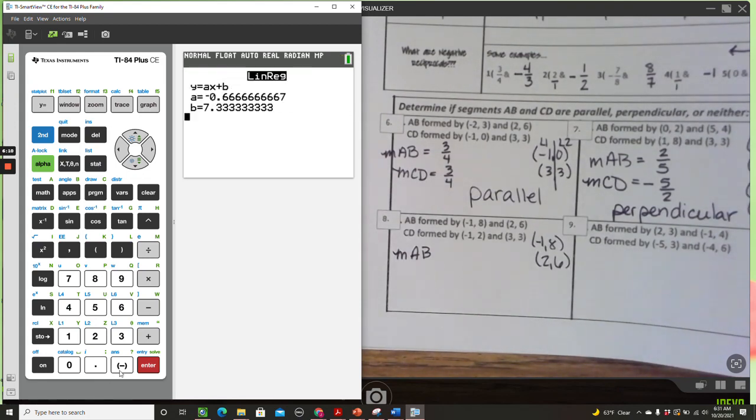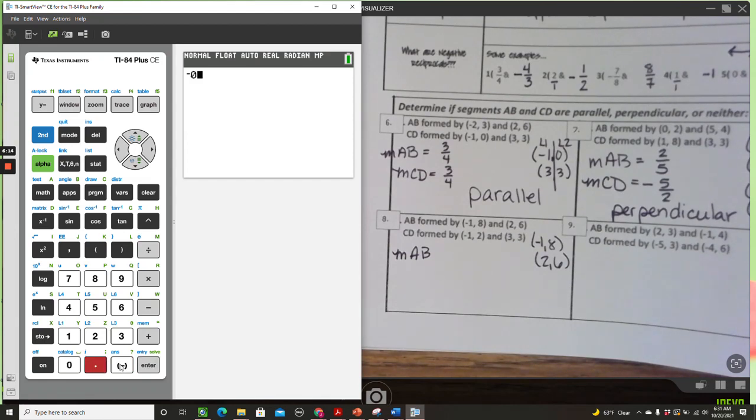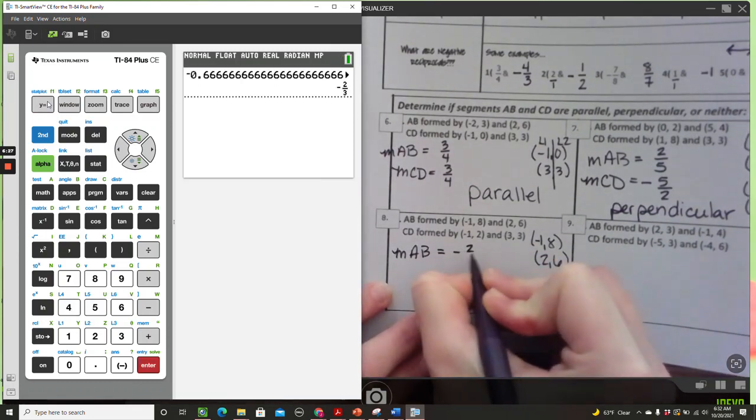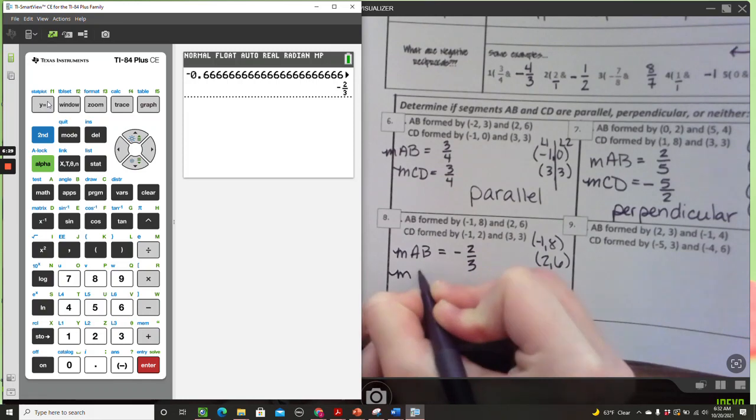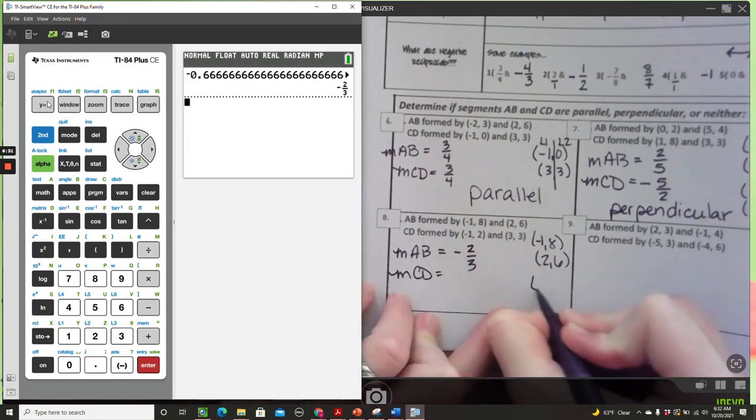Okay, so negative, so we ignore this 7. Remember, your calculator rounds it off. So it's negative 0.6 repeating. So remember, you type in the repeating number until that arrow pops up right here. And then you can convert it to a fraction. So the slope of AB is negative 2/3. And I need to find the slope of CD.